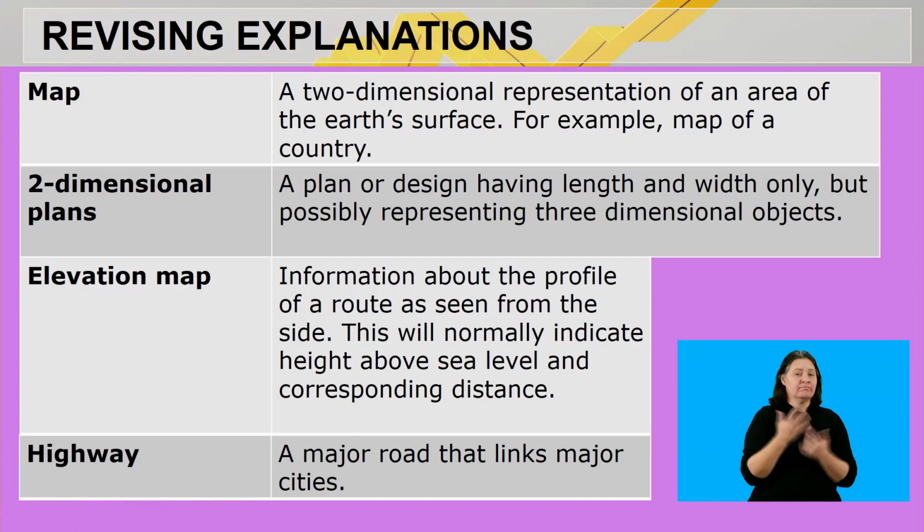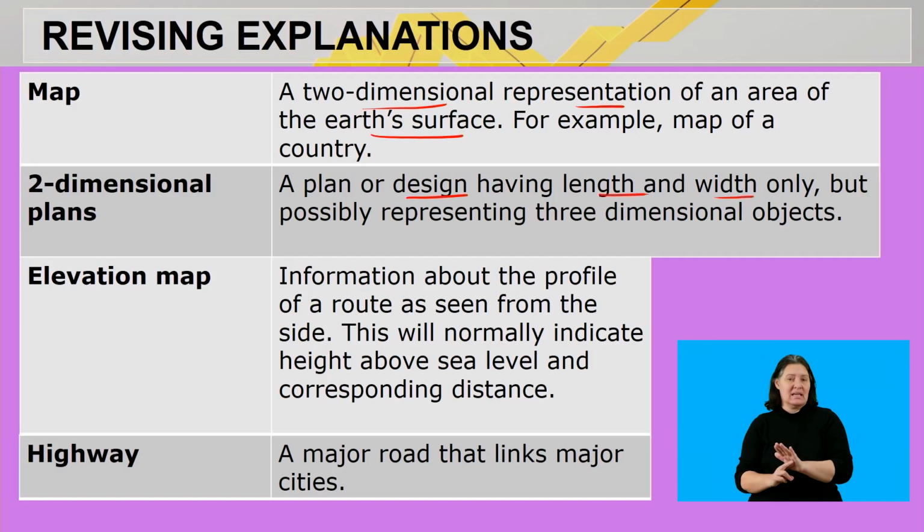Other important terminology. First up, a map is a 2-dimensional representation of an area of the Earth's surface, for example, a map of a country. Then 2-dimensional plans: it's a plan or a design having length and width, the 2 dimensions, but possibly representing 3-dimensional objects.